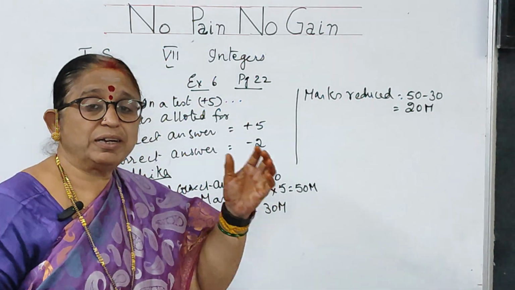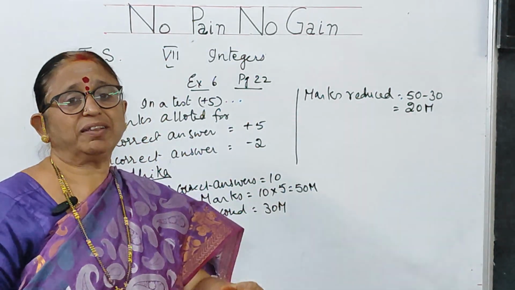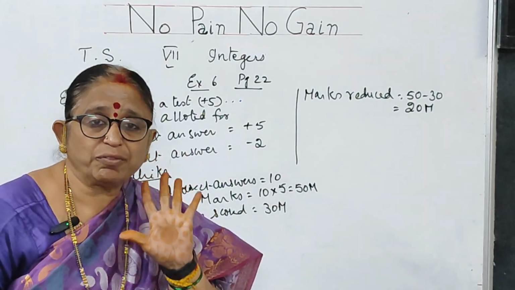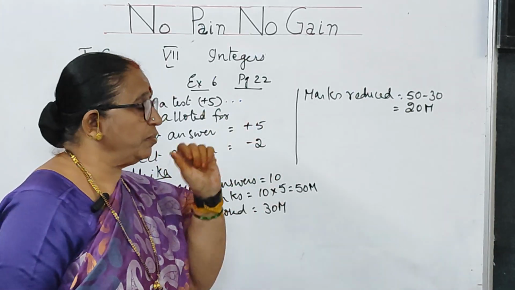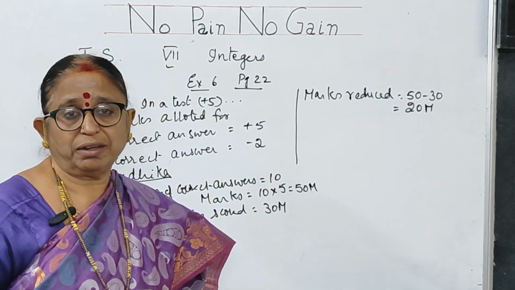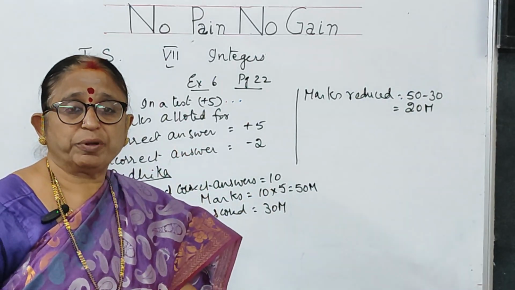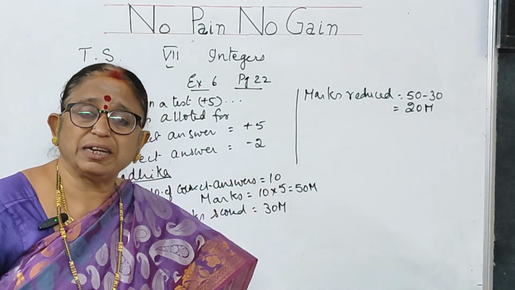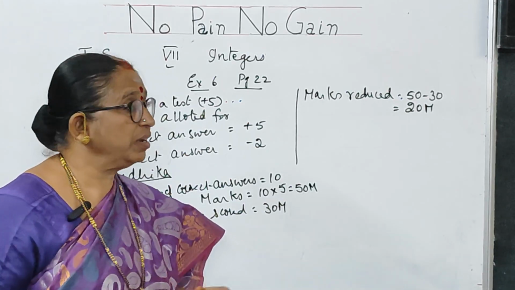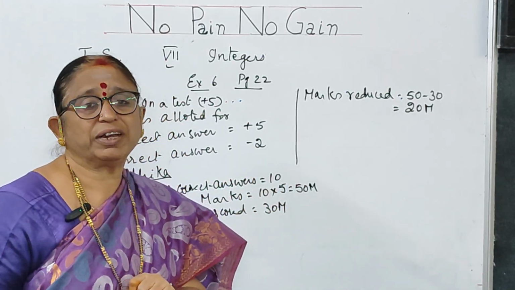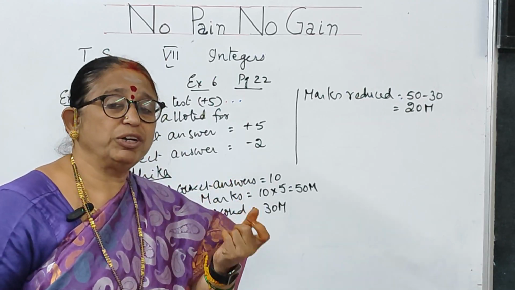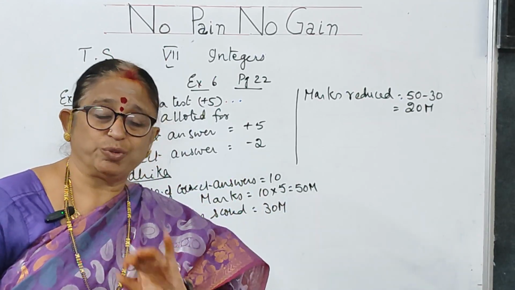She has to get 50 marks because she has answered 10 questions correctly. Each question is carrying 5 marks. So 10 5s are 50 marks she should get. But as the examination has negative marks, she has scored only 30 marks. That means what? 20 marks difference you are getting. So what are these 20 marks, children? These are the 20 marks which are reduced.